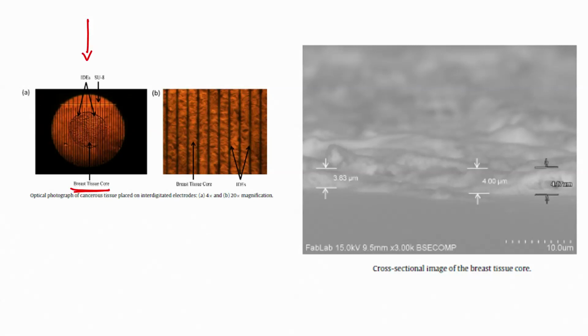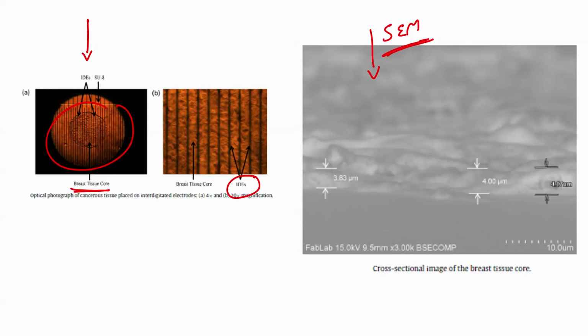This is a cross sectional SEM image of the breast tissue core. You can see here the interdigitated electrodes at 20x magnification, this is at 4x magnification, inside the SU8 well on which the breast tissue core is placed.